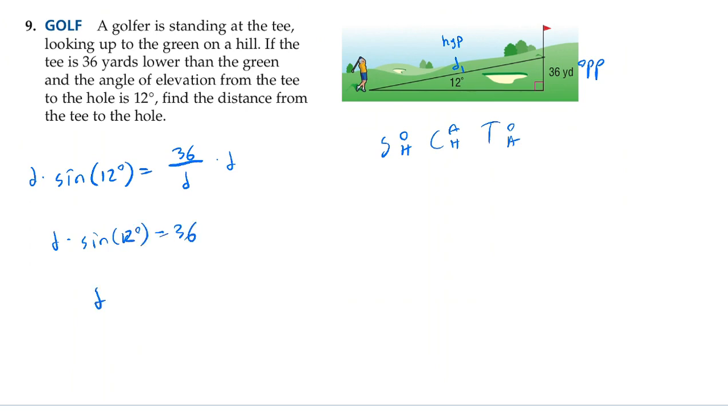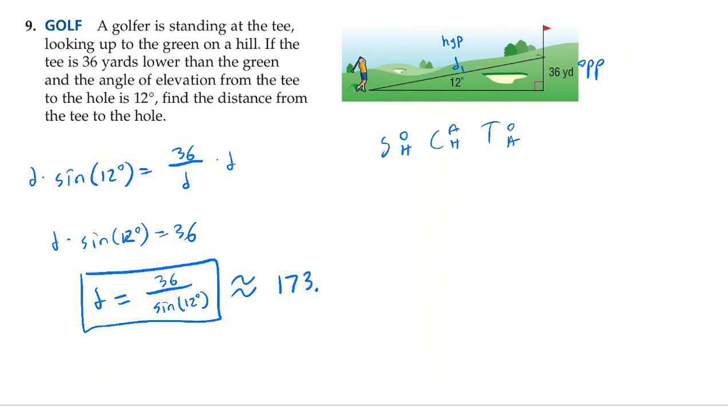Dividing by sine of 12, because sine of 12 is just a number, d is approximately 36 divided by the sine of 12 degrees, and that's 173.15, and that was in yards.